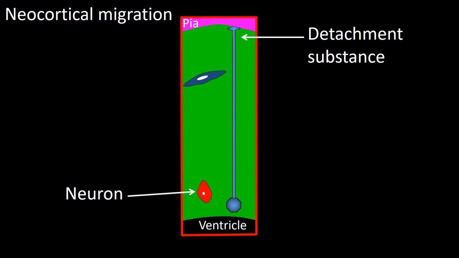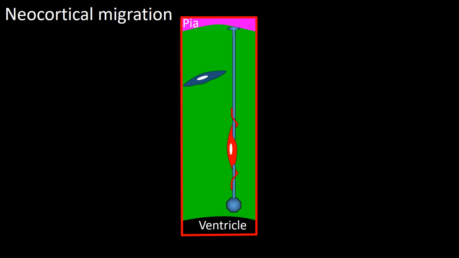Then the next neuron comes along and attaches to the radial glia, then starts climbing up and up and up till it reaches the pia, then loses the attachment, detaches, and occupies a space just above the first neuron. Then the same process goes on for the next neuron, climbing up and then detaching.